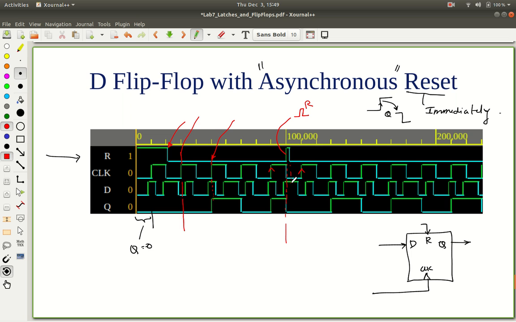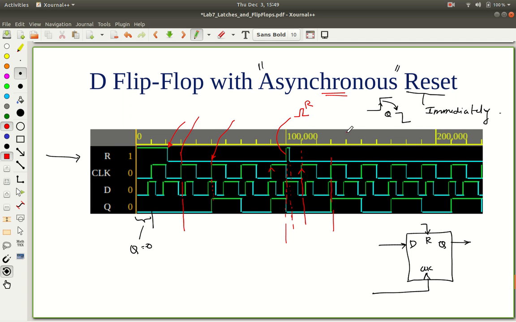And then when reset was low again, it remained low until the next rising clock edge, so until this point. And then at this point D is also low, so it remains low. Then on the next edge D is 1, so it becomes 1, and so on. So this is the behavior that we desire for a flip-flop with an asynchronous reset. That means the reset should have effect immediately.